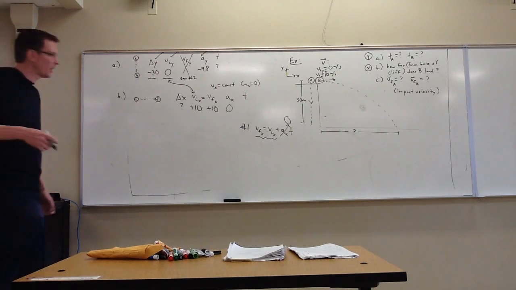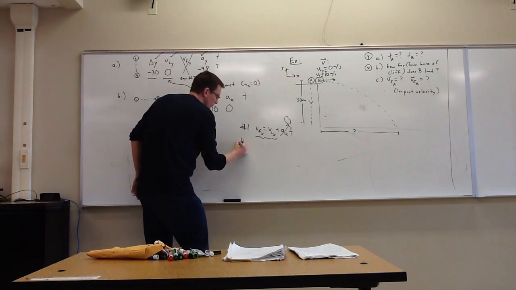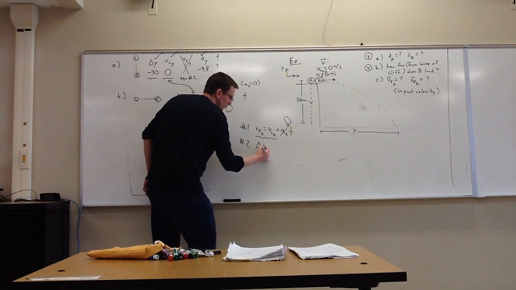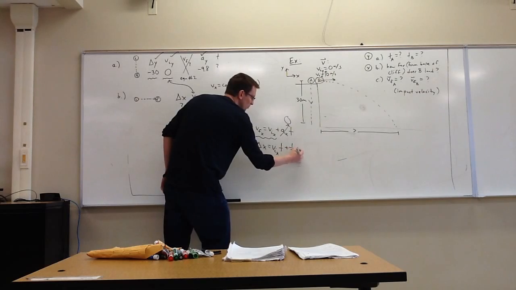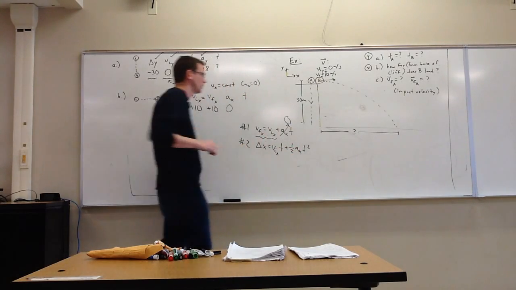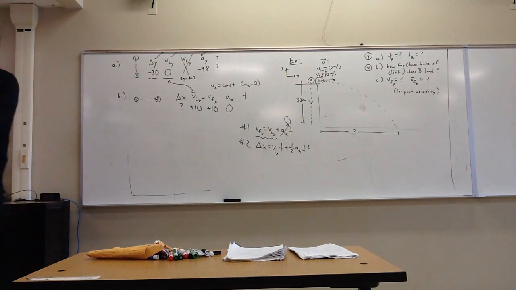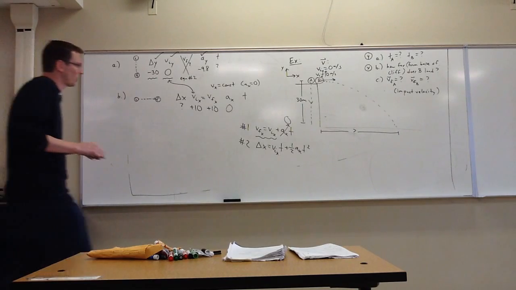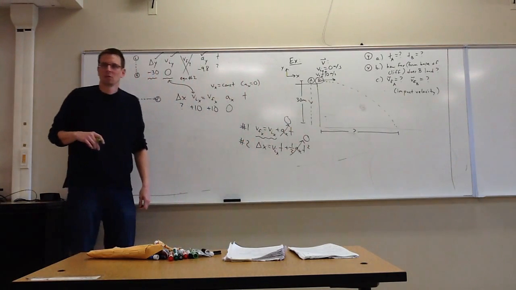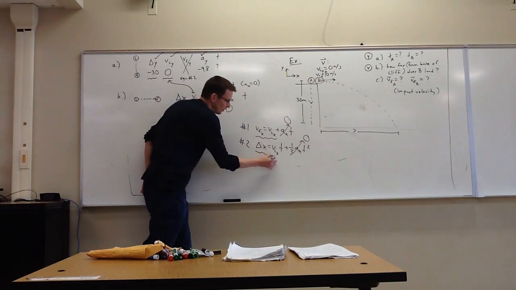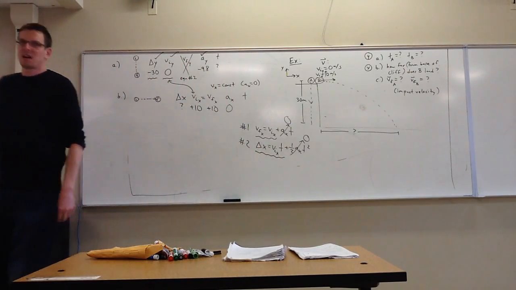Let's take equation number 2. It looks like this. This whole term is wiped out by the fact that the acceleration is 0, and we get what's basically distance equals rate times time.